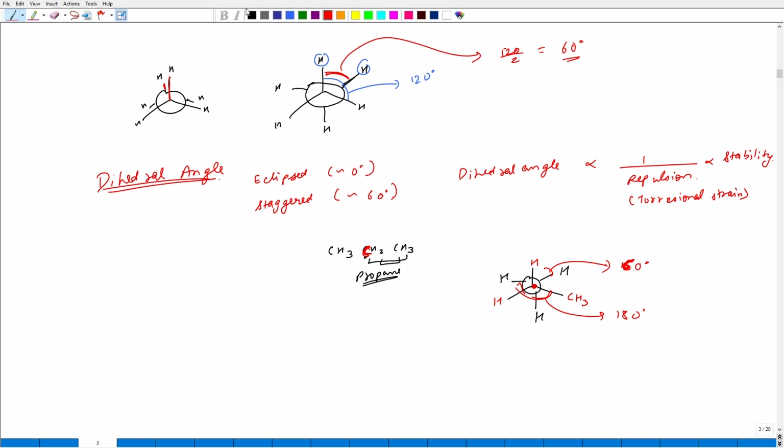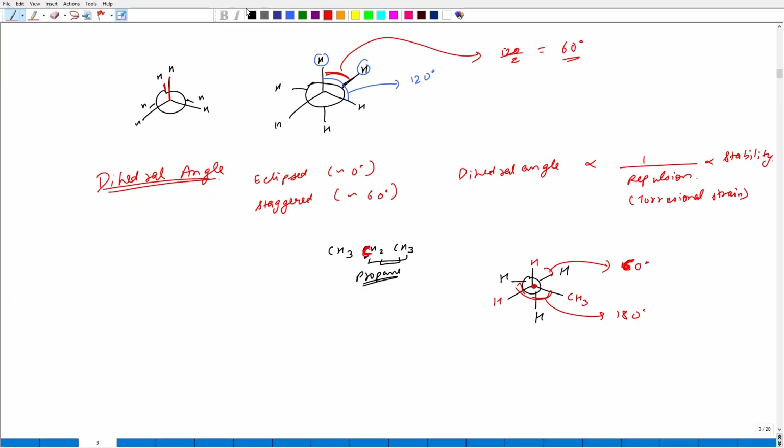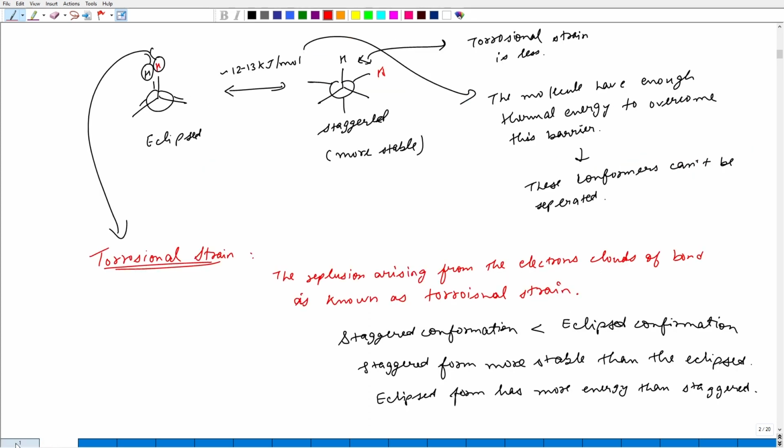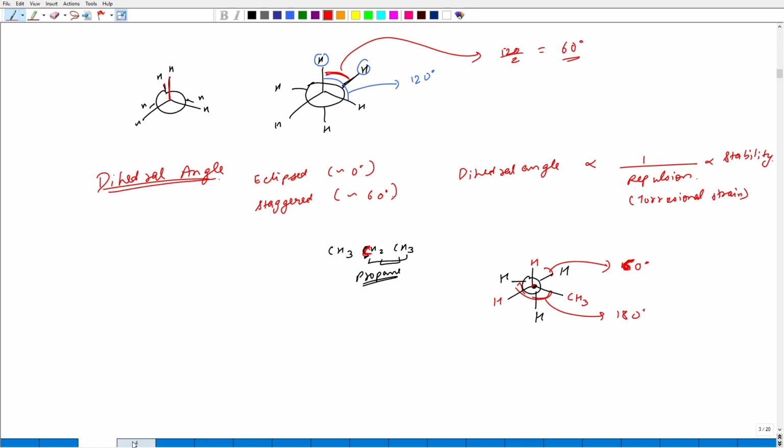So, these are the things we can say about the dihedral angles and torsional strain. So, dihedral angle is directly proportional to the stability, and inversely proportional to the repulsions, the torsional strain. Okay. So, that is what I have discussed till now about the conformations.